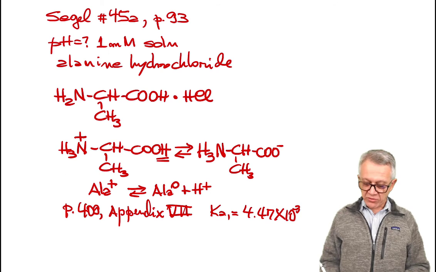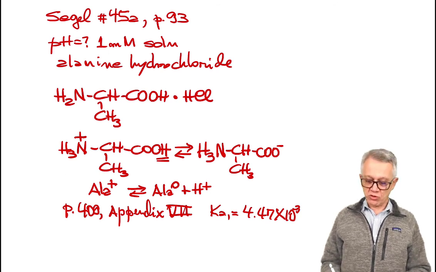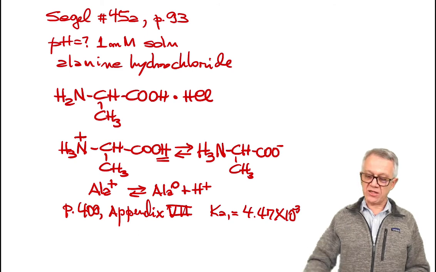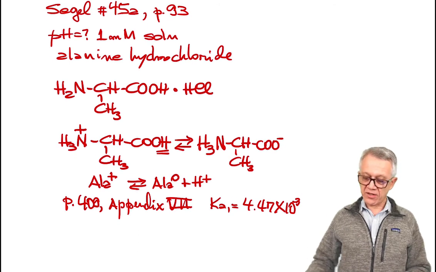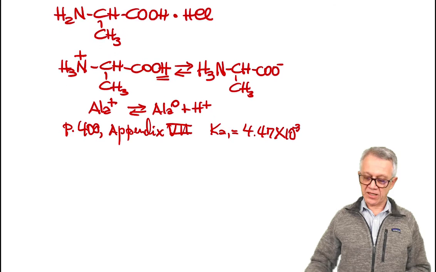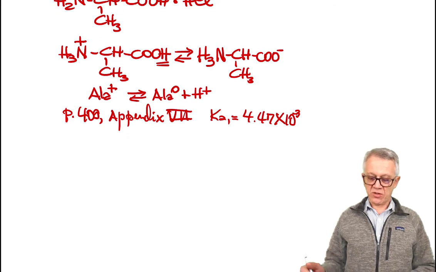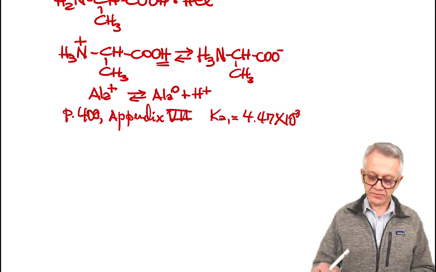So what we have to do now is to calculate the pH of the solution based on this Ka. Let's scroll up a little bit here to get more space to work on this problem.